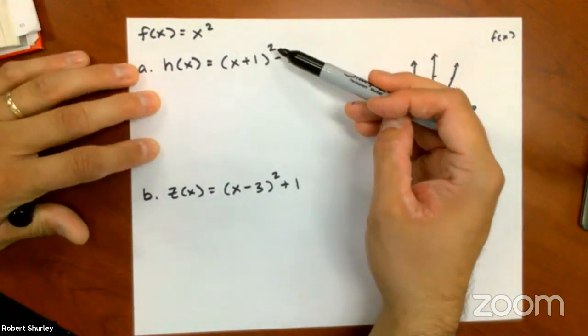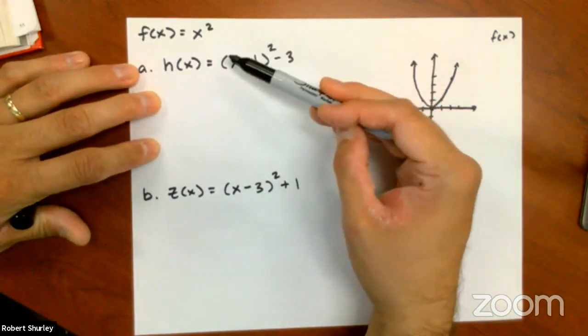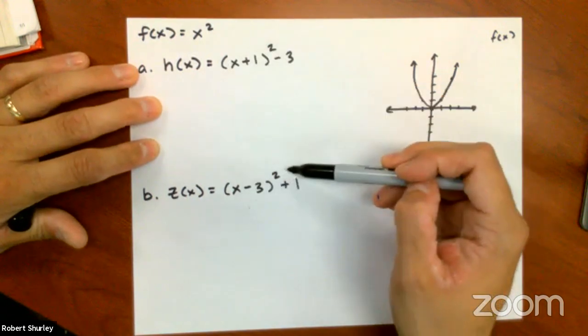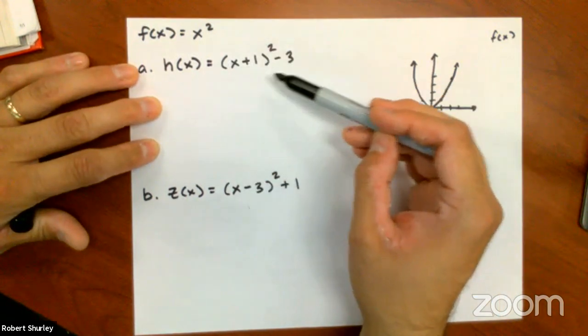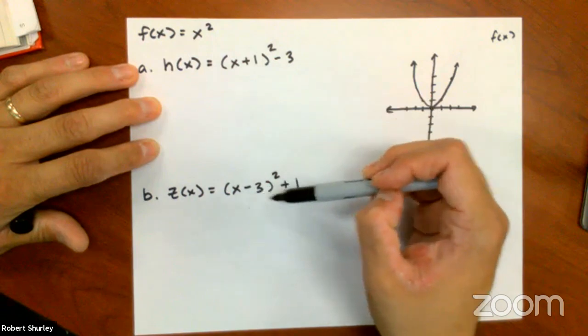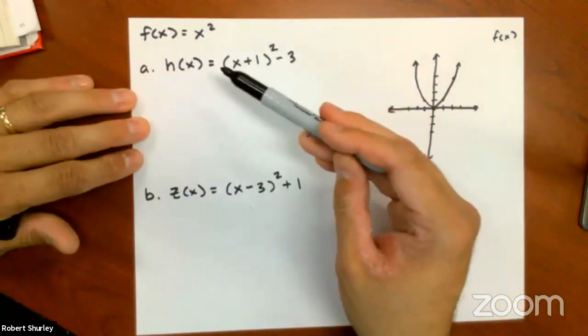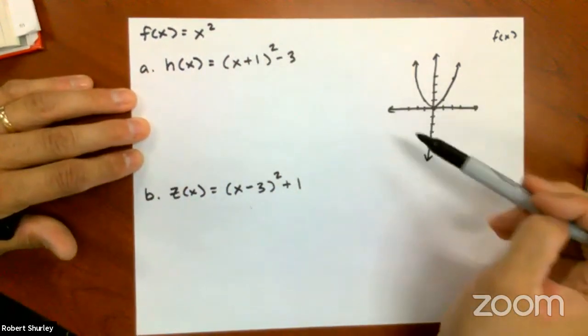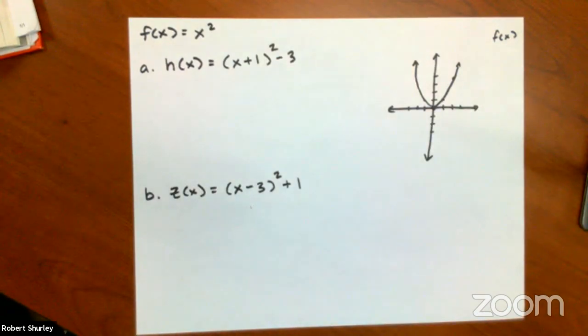Now look, I want you to be careful real fast before we get rocking and rolling. Notice the parent function is x squared because this parentheses is squared, okay? And then we've got inside the function and outside. So I want you to graph these on your graph right here, however you can change them. And we'll see if we get it right or wrong.